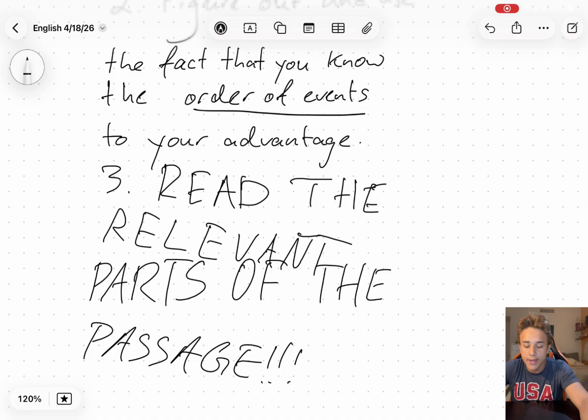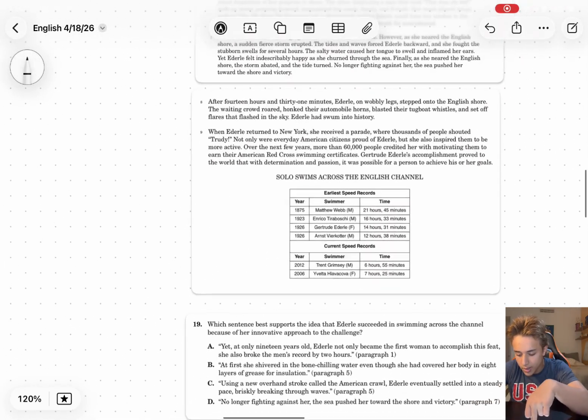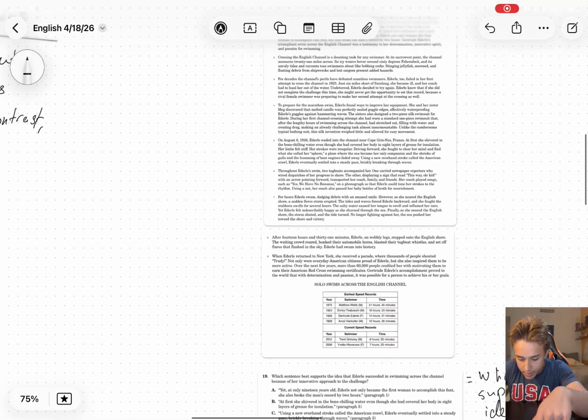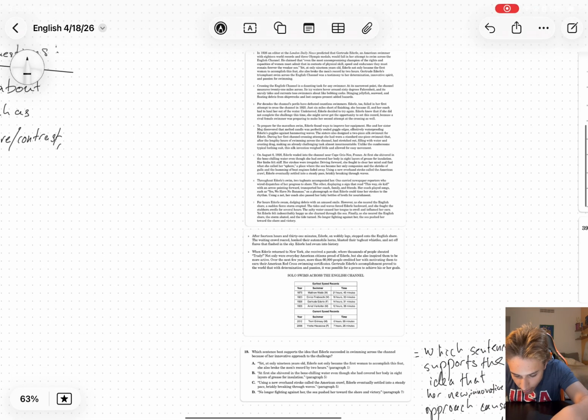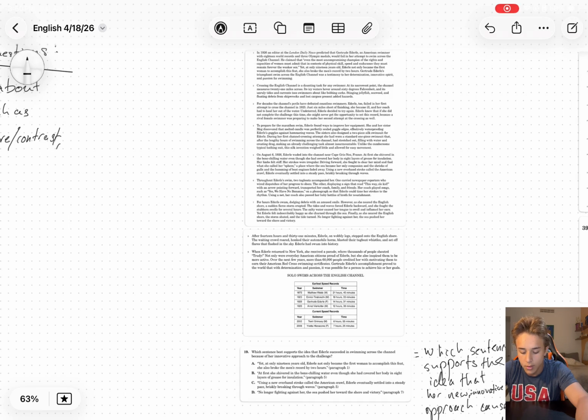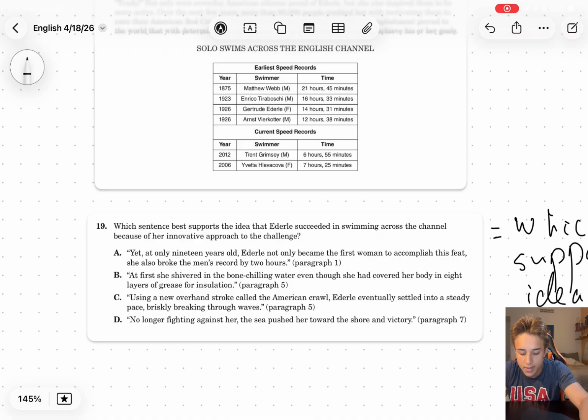So now we're going to look at some example problems. I'm not going to read this passage because it's pretty long, but if you want to pause here and try to do it yourself, you can. Okay, so the question is, which sentence best supports the idea that Adderley succeeded in swimming across the English Channel because of her innovative approach to the challenge?